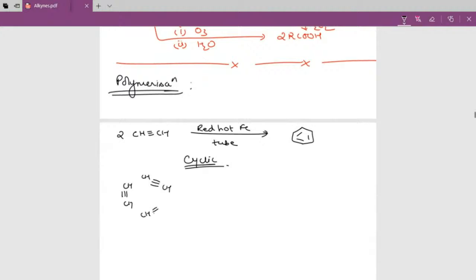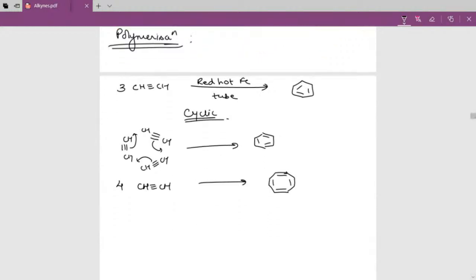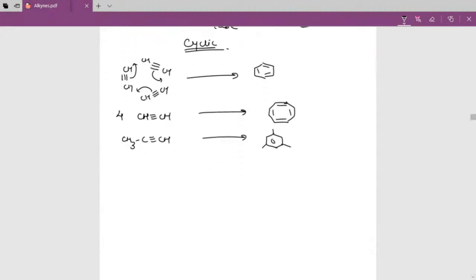It does not involve any reagent or anything, just passed. See, it is a cycloaddition, and benzene is formed. It should be 3 moles. If you have 4 moles of acetylene, you will have cyclooctatetraene and similar things. Like if you would have propyne, you can have mesitylene as the answer. There is a possibility.